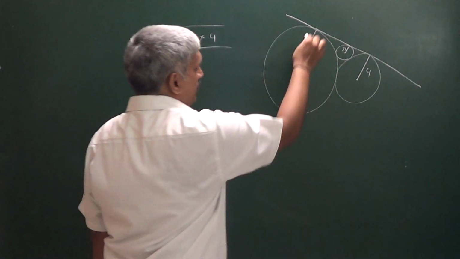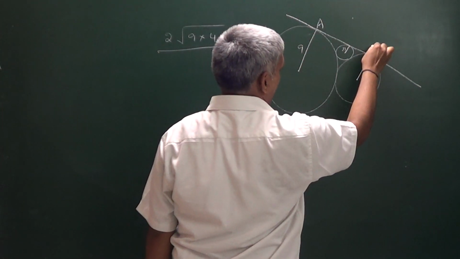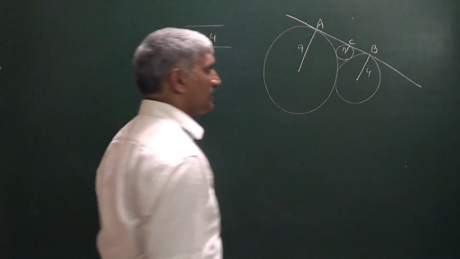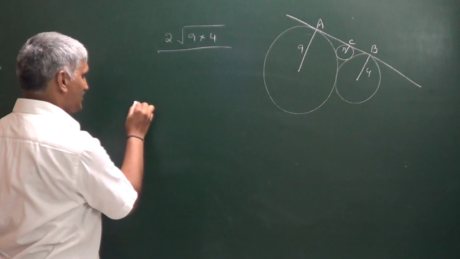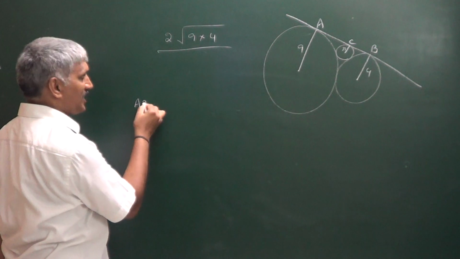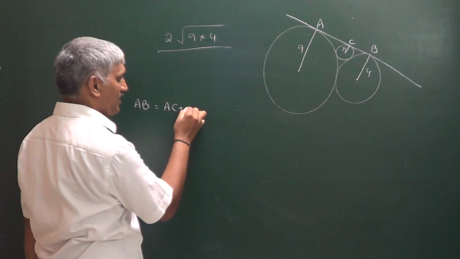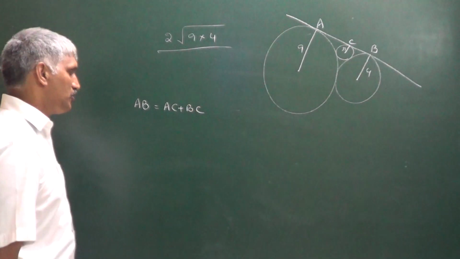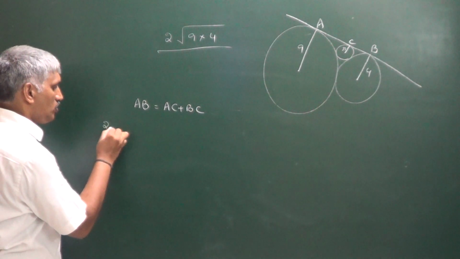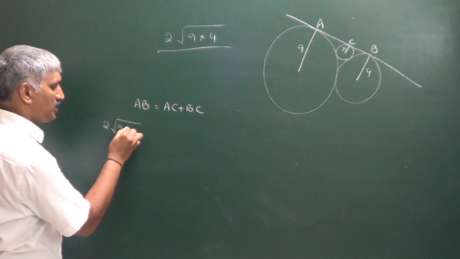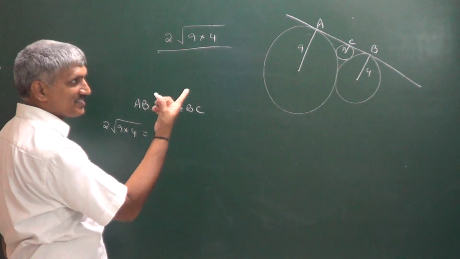Right? Now this is A, B, and let us say this one is C. AB is the length of the direct common tangent. That is nothing but AC plus BC. You know AB is nothing but 2 times the square root of R1 times R2. What about AC?